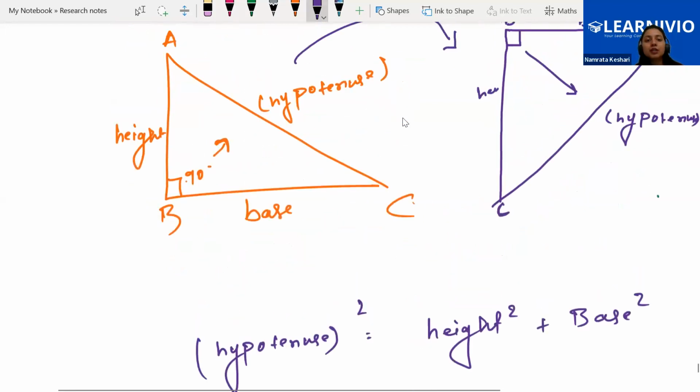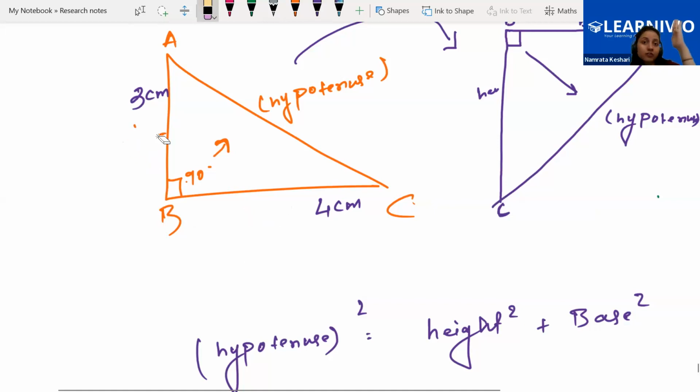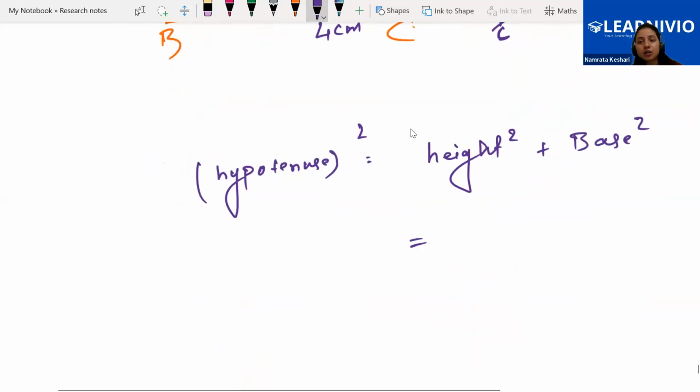Suppose I am writing this side as 3 centimeters, this side as 4 centimeters, and you are not sure which one is height and which one is base. Height doesn't mean that it will always be standing like this.